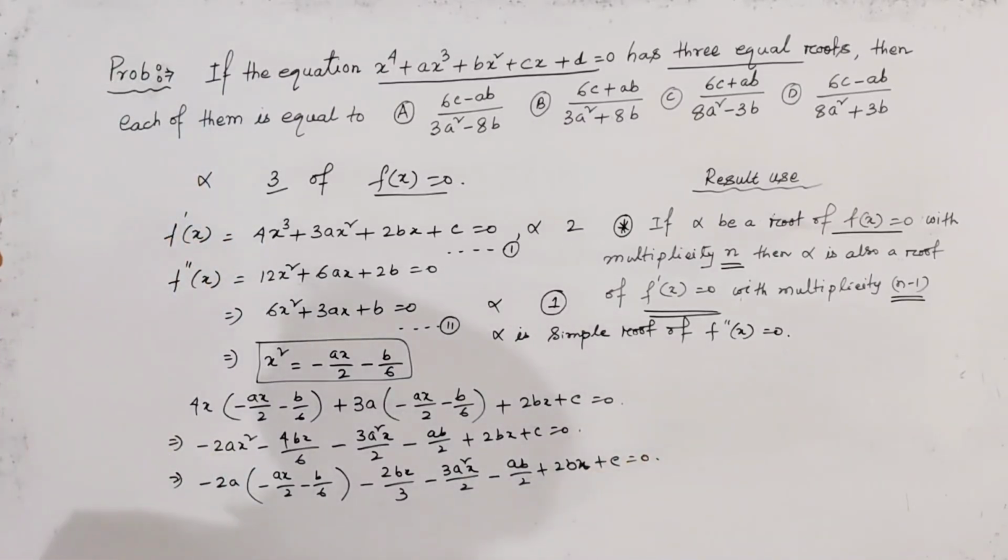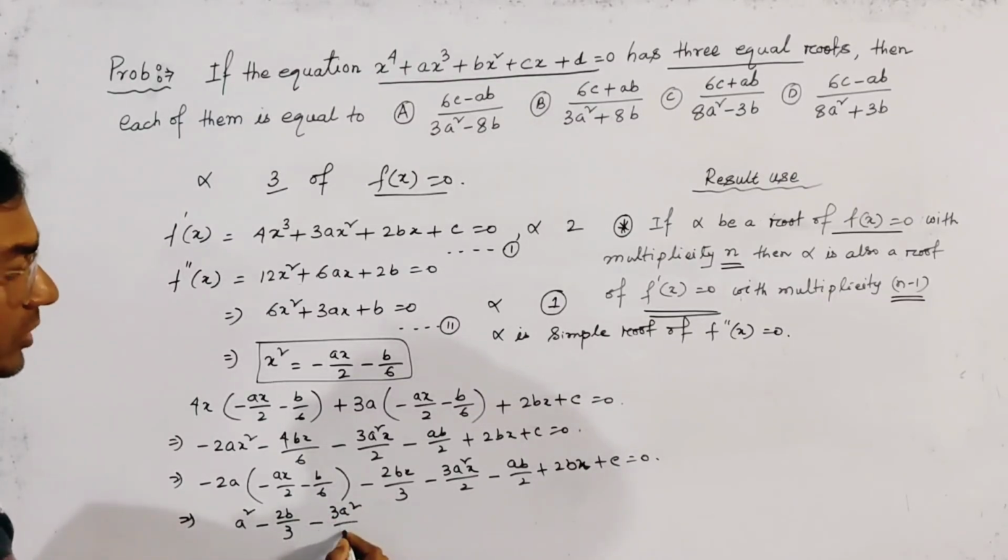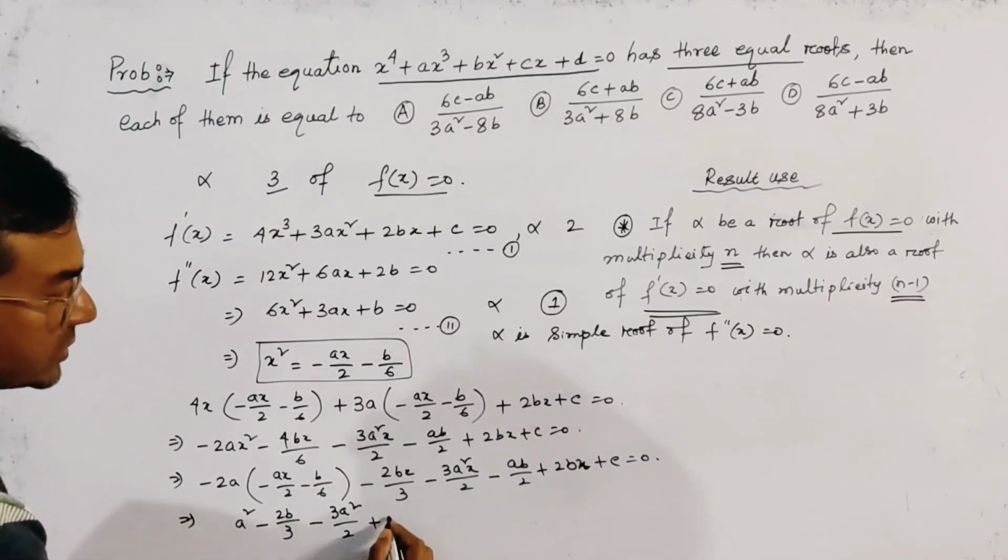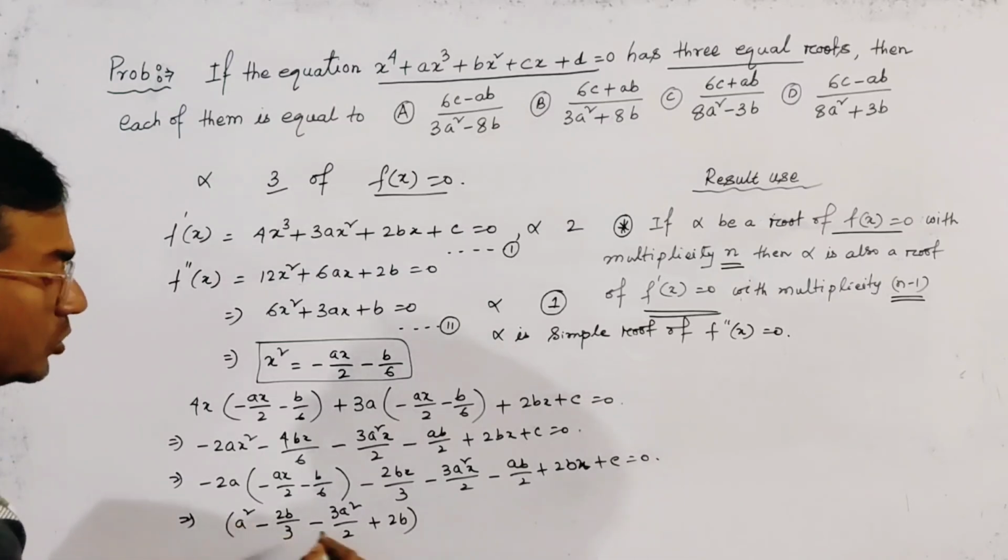Now we write all the terms containing x first, and from here we get a square, minus 2b by 3, minus 3a square by 2, and plus 2b, into x.